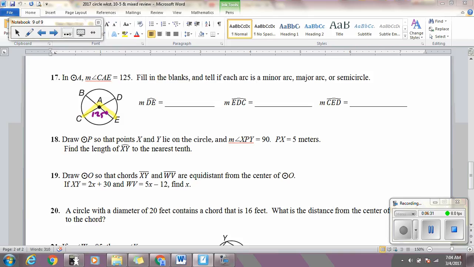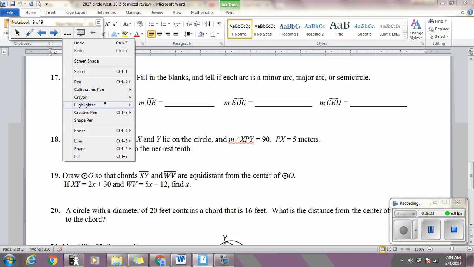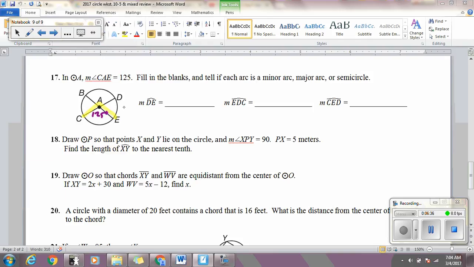So the first arc we're looking for is arc DE. Arc DE is this arc here. I know that if I combine the angle that I'm given with angle DAE, that's a linear pair. In other words, they should add up to equal 180. So if I take 180 and subtract 125, I would get 55.